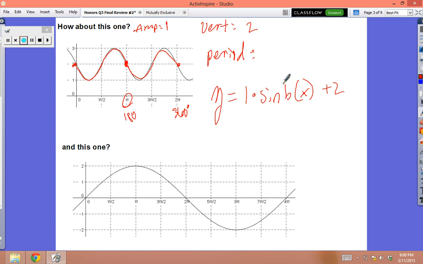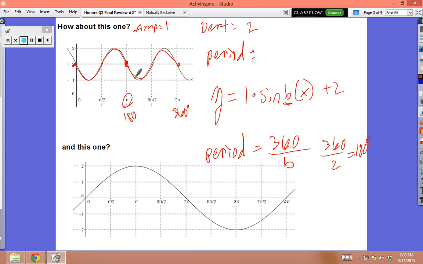Your period is always 360 divided by b, whatever b is. So in this case, my b must be 2, because 360 divided by 2 is equal to 180, and that is the period from start to finish.